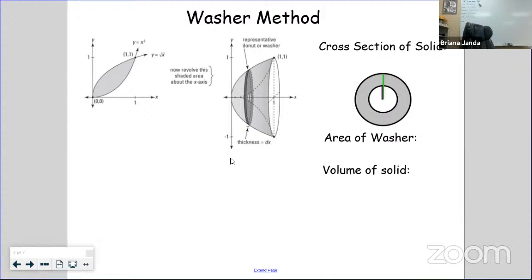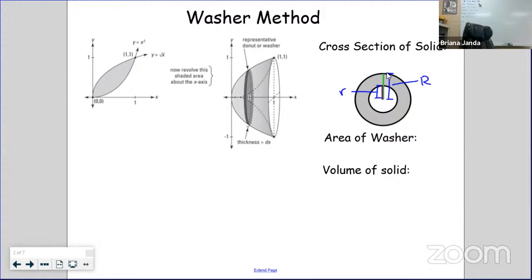I will always note them the same way your book does: the outer edge, pretending the whole thing would be filled in, we will call big R for our outer radius. And our inner circle, we'll refer to as little r, just to distinguish between the two.